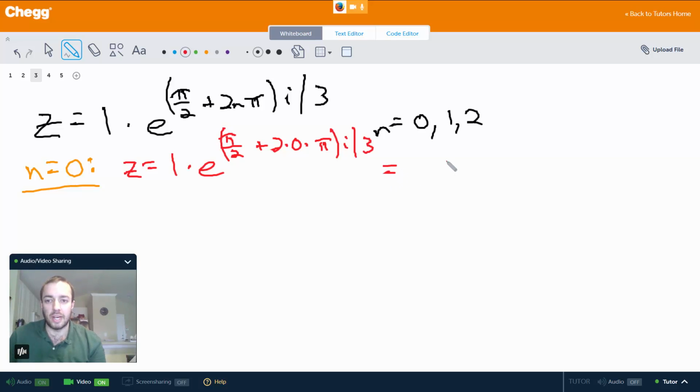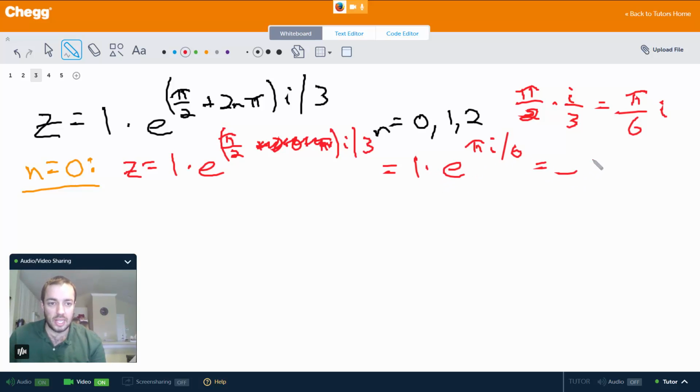So when we simplify, 2 times 0 times pi is all just 0, so there's nothing really happening up here. So we just have pi over 2 times i over 3, and that is just pi over 6 times i. Okay, so this equals 1 times e to the pi i over 6. And then multiplying by 1 doesn't really do anything, so we can just say e to the pi i over 6.